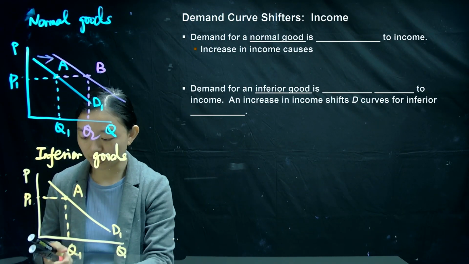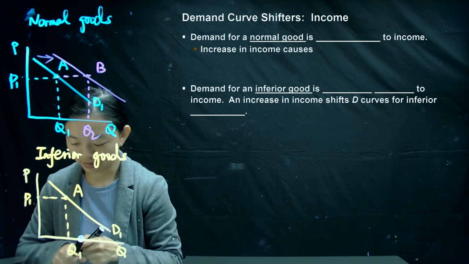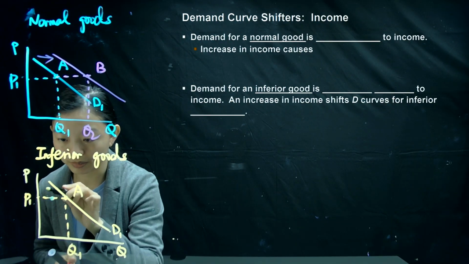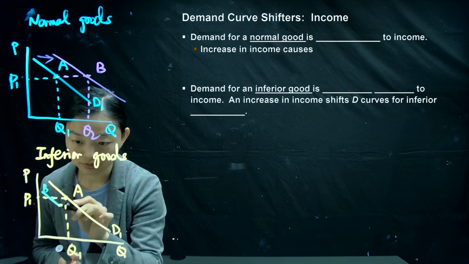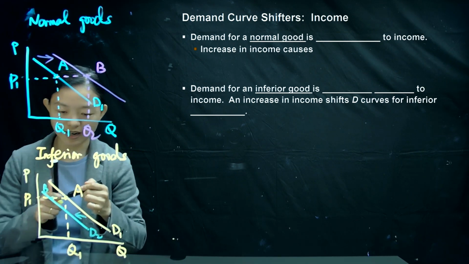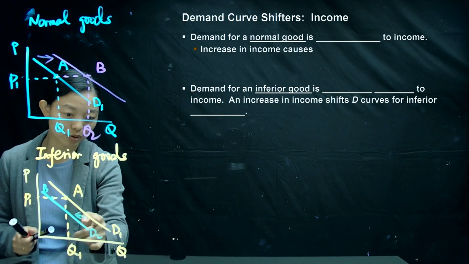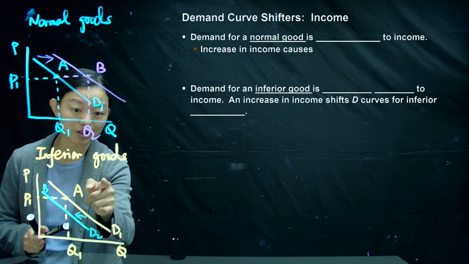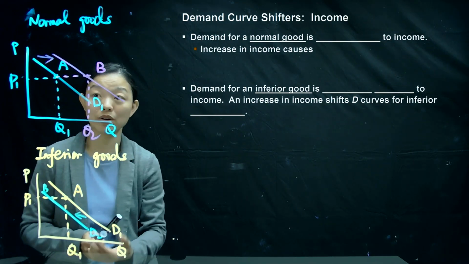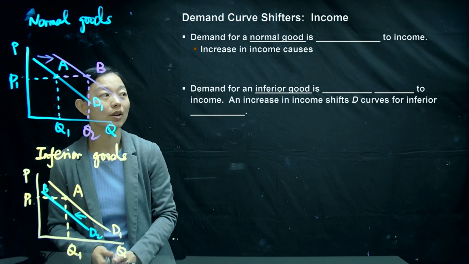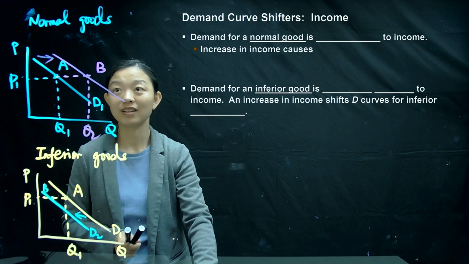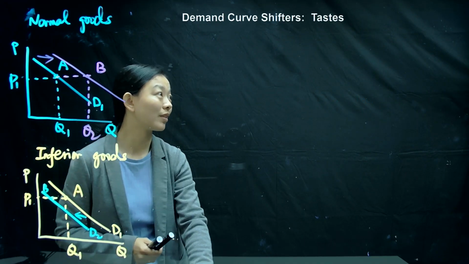Now your income increases. However, you would like to buy fewer of those products, so I can put this as point B. When your income increases, you actually buy fewer of those products, so it will shift the demand curve of inferior goods to the left-hand side, decreasing the demand for inferior goods once your income increases. Understand here? Now let's move on to the next one.